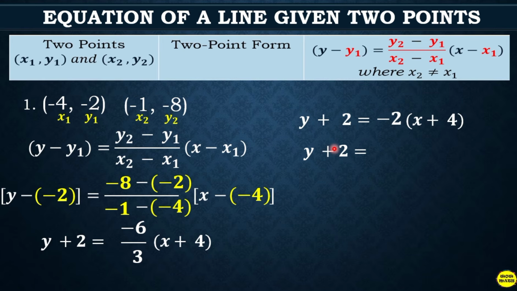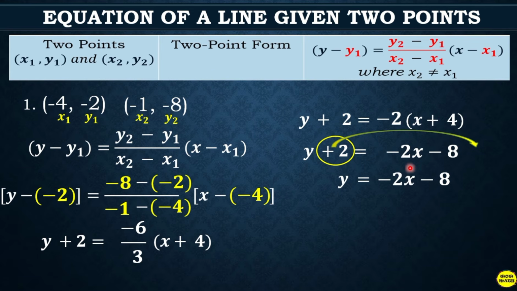So, negative 2, ita-times natin siya ngayon sa x plus 4. Okay? So, bring down y plus 2. Negative 2 times x, that is negative 2x. And then negative 2 times 4, that is negative 8. Okay? Now, eto na naman tayo, ililipat natin ito. So, lipat natin siya kasama ng isang constant. So, ang may iwan na lang is y. And then, bring down natin si negative 2x minus 8. So, ito po, since positive, magiging ano siya? Negative.